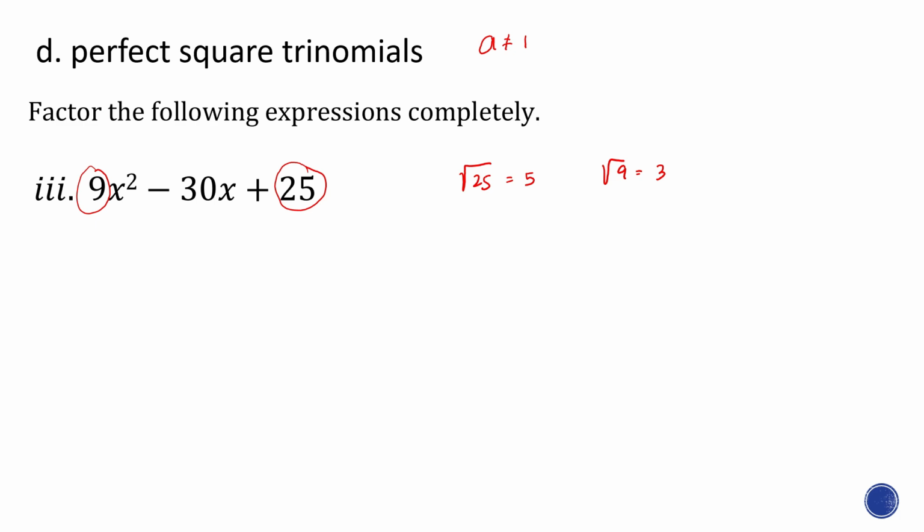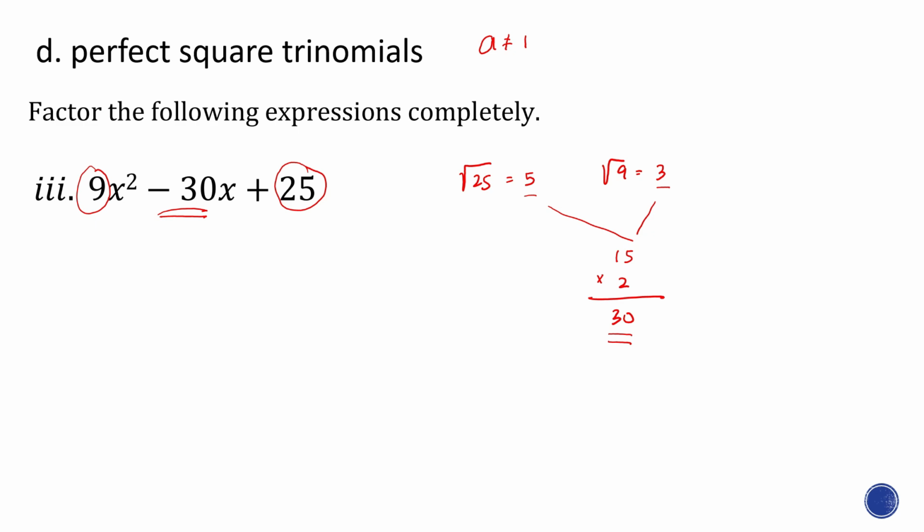The next thing that we will do here is we will not double 5 and 3 individually. Instead, we will multiply 3 and 5. That gives us 15. Then we double the product of those two numbers, and that gives us 30, which is the same as the second term.